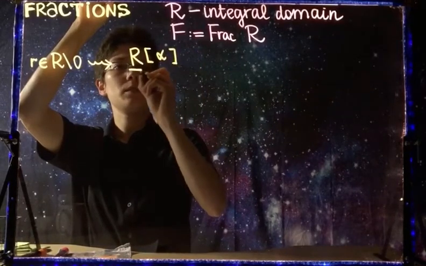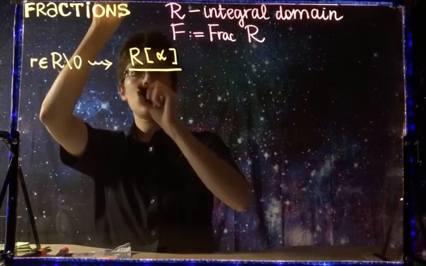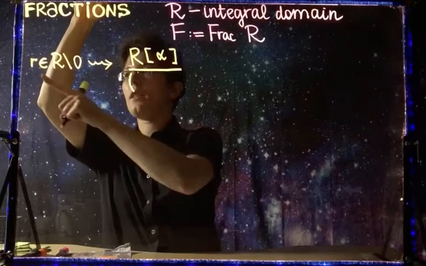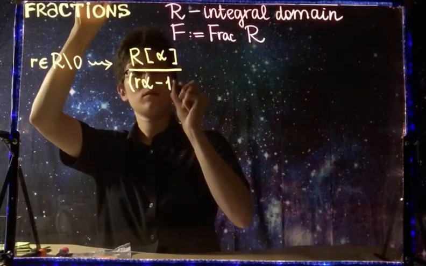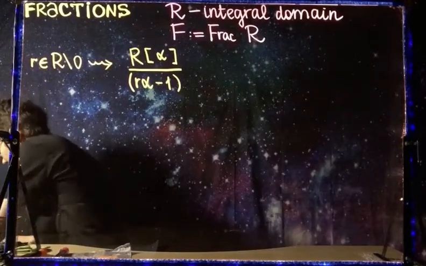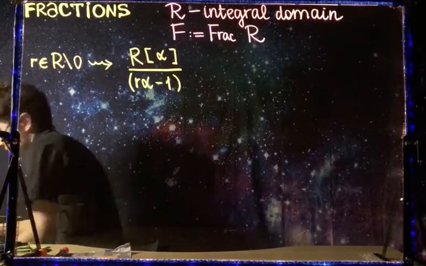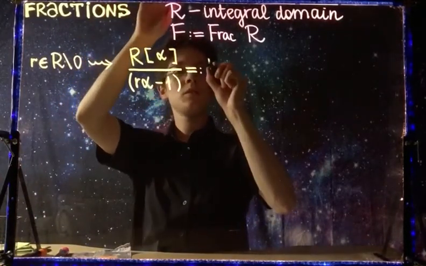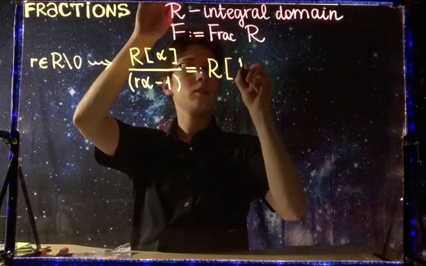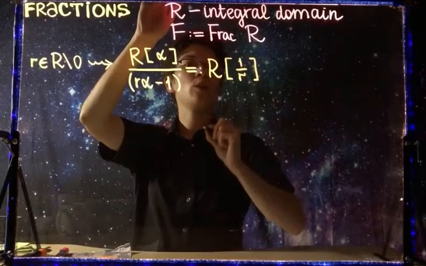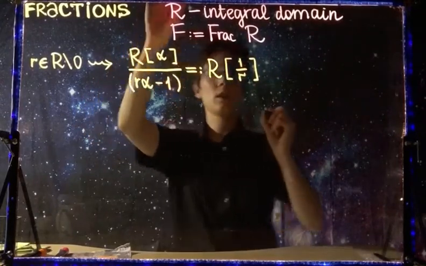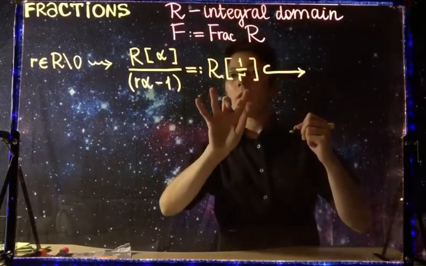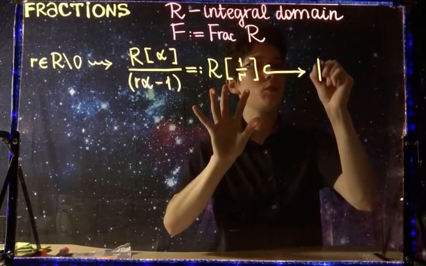R square brackets alpha, mod out by the ideal, where I say that alpha is the inverse of R. And I denote this construction by R square brackets adjoin 1 over R. You can check that this ring can be embedded into the field of fractions.